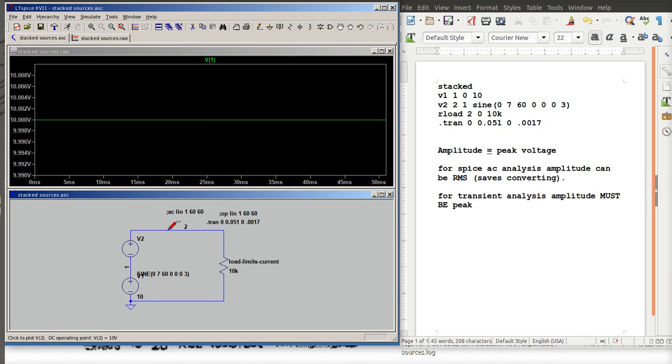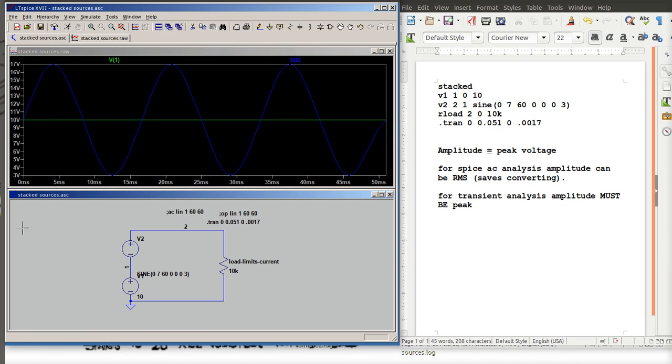If I look at the voltage on node 2 to 0, it's showing me a 7 volt peak to minus 7 volt peak AC waveform riding on a 10 volt bias. So I'm actually combining an AC source and a DC source. And what a DC offset does is it just shifts the zero. Instead of this going between plus 7 and minus 7, it now goes between 17 and minus 17.